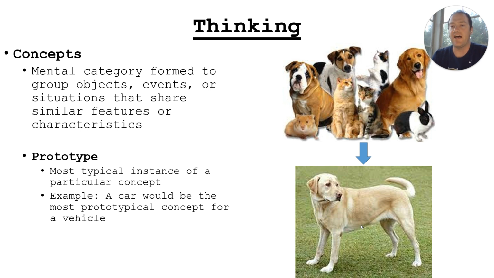So if I ask for the prototypical pet, whatever pops into your mind as the most typical or obvious example, which in this case would be a dog, at least in my opinion. That's my prototype for what a pet is.